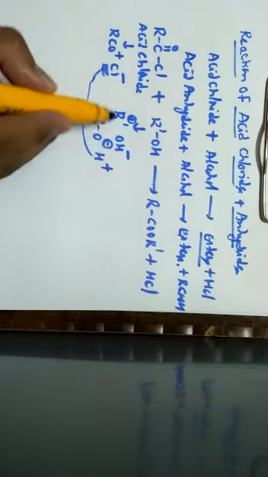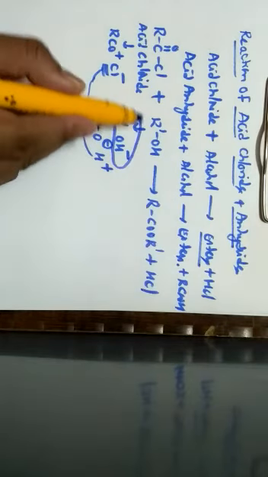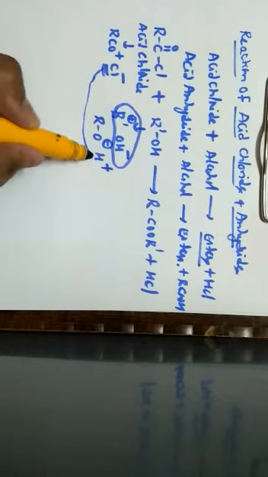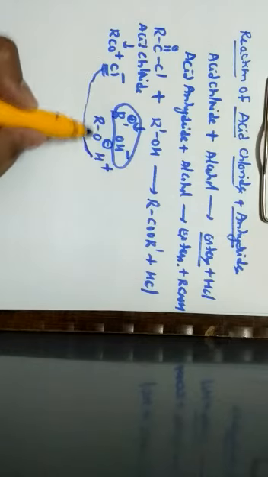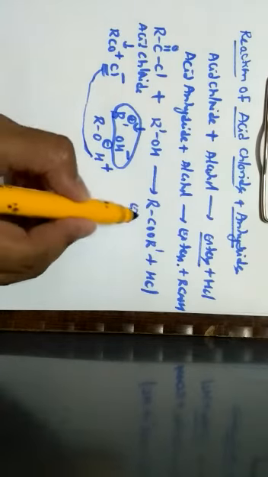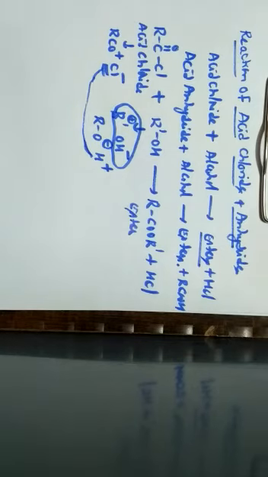So one has to understand that this is not the most common ionization, but chloro being a very good leaving group, it takes away the hydrogen as a proton to form RO minus along with H plus, where it can readily yield ester as a major product.